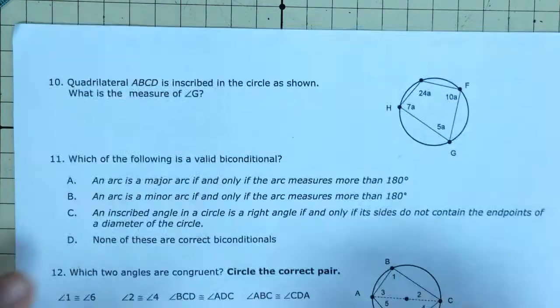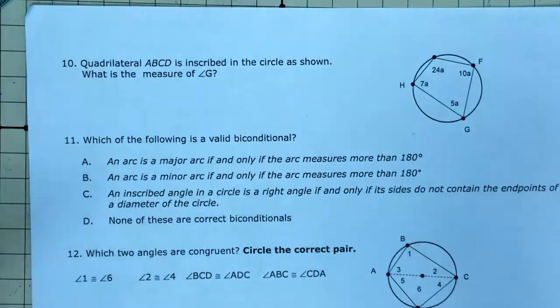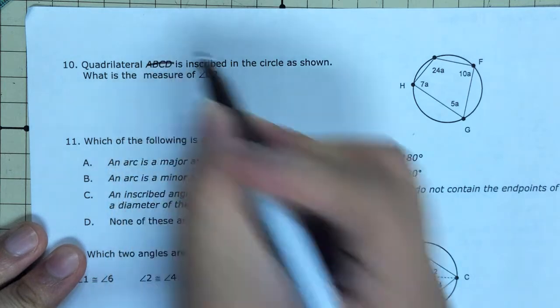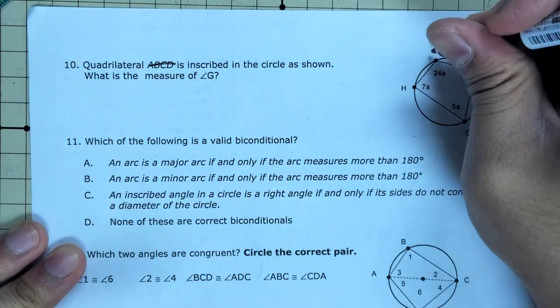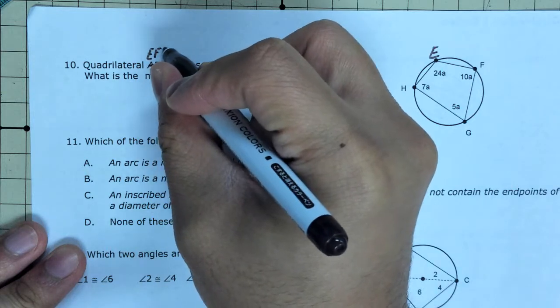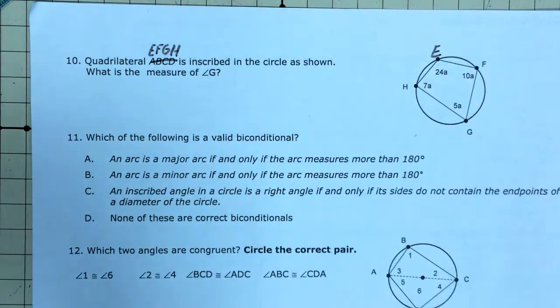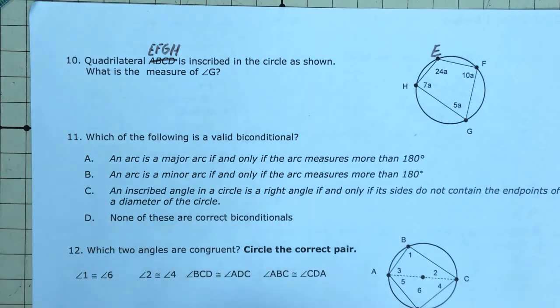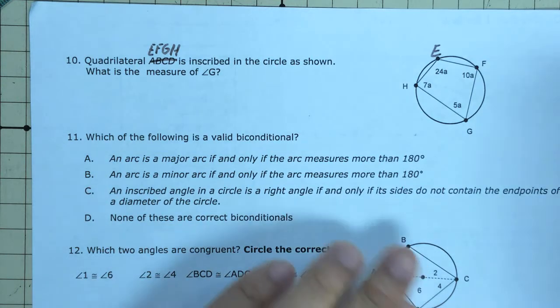Alright, in the back. A few typos here that I need to fix. First, this should say quadrilateral EFGH. And let me change some numbers here just so it makes sense.